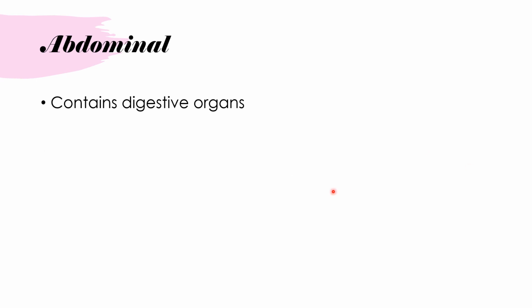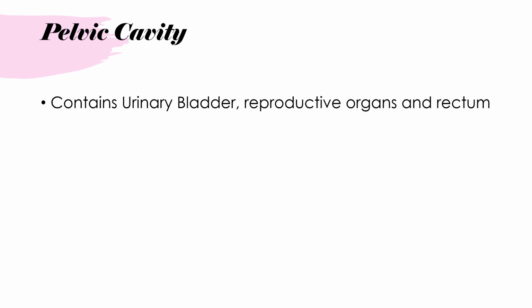The abdominal cavity contains your digestive organs, and the thoracic and abdominal cavity are separated by your diaphragm, which keeps the organs separated in their correct cavities. The last cavity we're going to talk about is the pelvic cavity. This contains your urinary bladder, the reproductive organs, and your rectum.